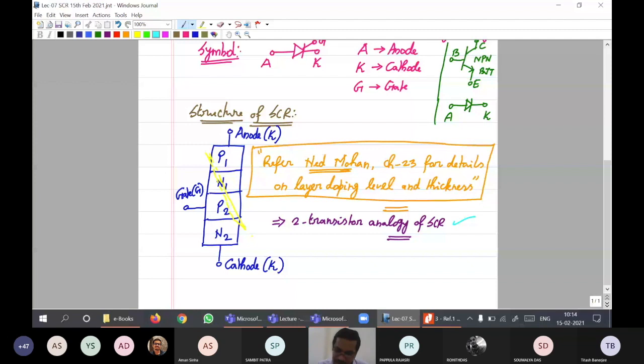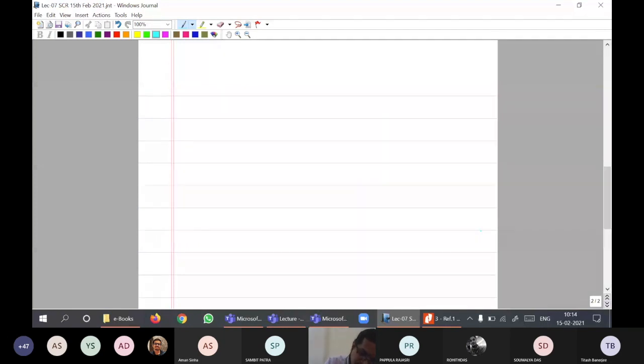So next, let me take the two transistor analogy. This is the operating principle, this is how the SCR works. We need to have two transistors.